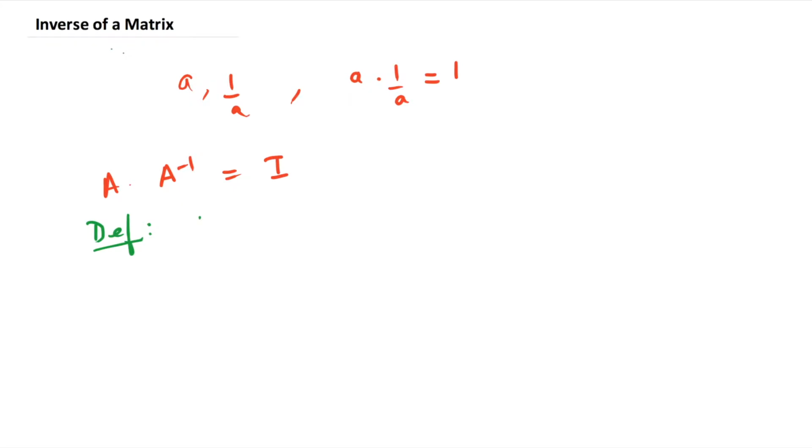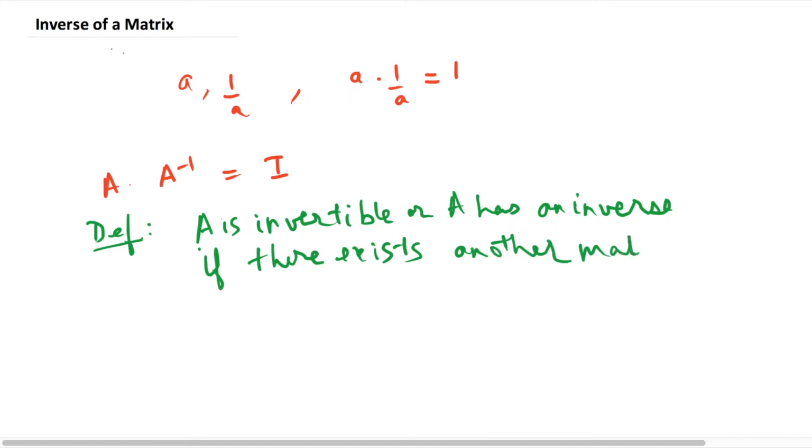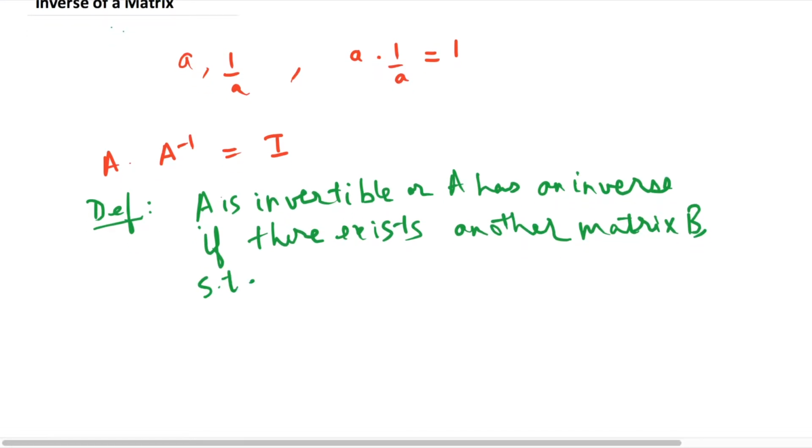We say that A is invertible, which is synonymous to saying that A has an inverse, if there exists another matrix B such that A into B is equal to I, the identity matrix, and B into A is equal to I. Both these conditions need to be true.